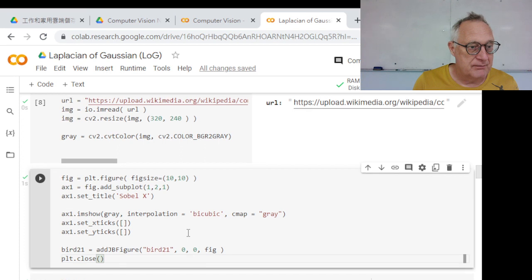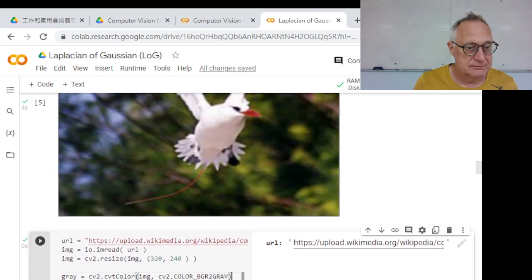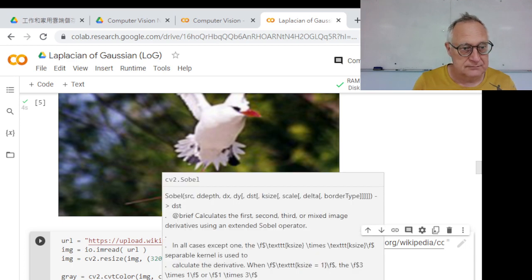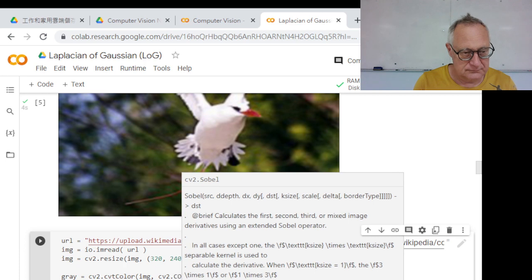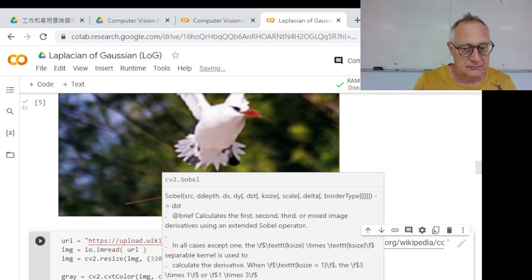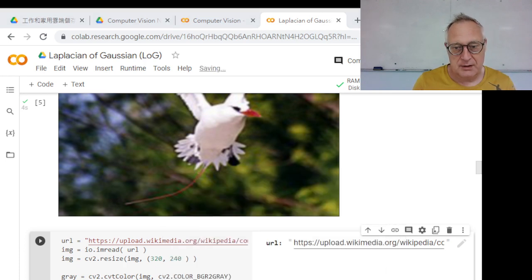So to apply the edge detection, we can apply the correct parameters.